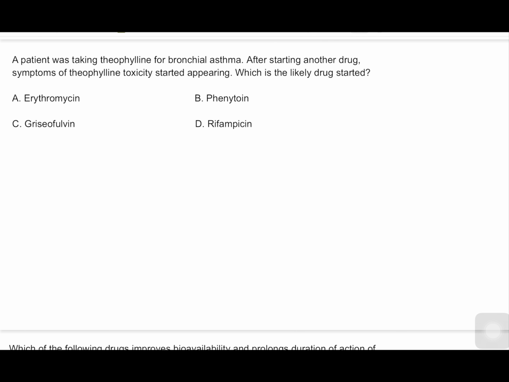Next is a patient was taking theophylline for bronchial asthma. After starting another drug, symptoms of theophylline toxicity started appearing. Which is the likely drug started? So if you know, we have two types of drugs which can be either enzyme inhibitor or enzyme inducer. Why do we need to remember?